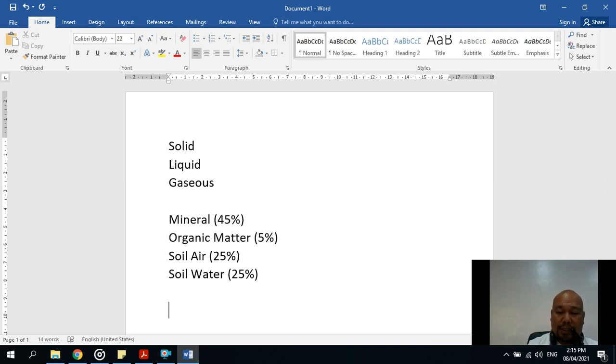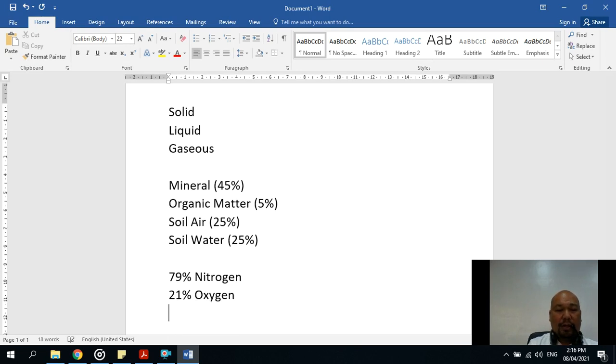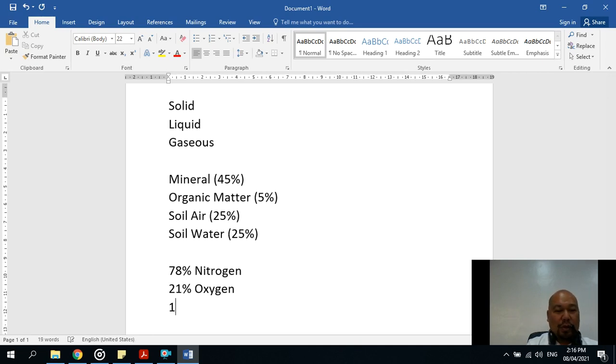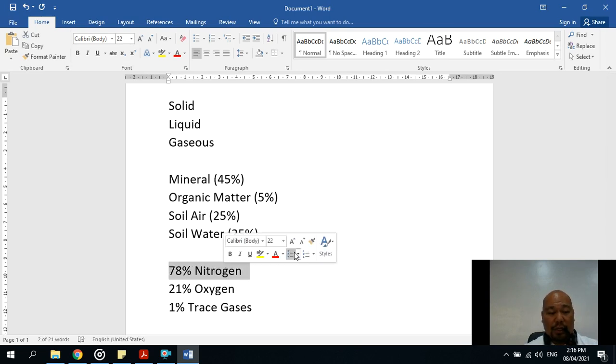Atmospheric gases are about 79% nitrogen, about 21% oxygen, around 1% trace gases. So what is most abundant in the atmosphere is actually nitrogen.